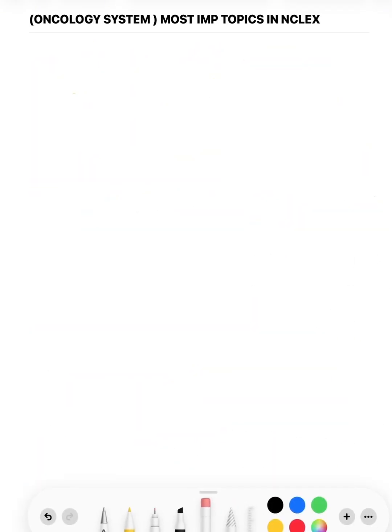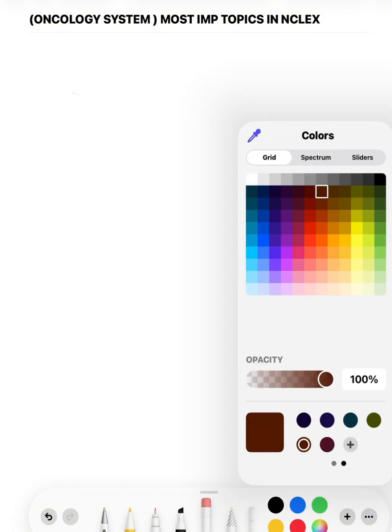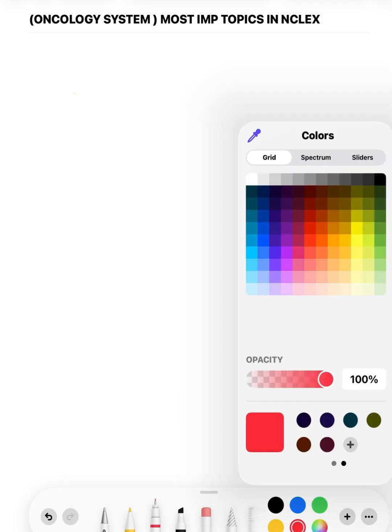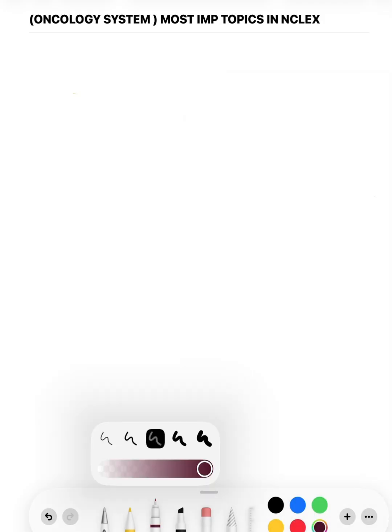Next medicine is tamoxifen. In tamoxifen there are 3 E's we have to remember.